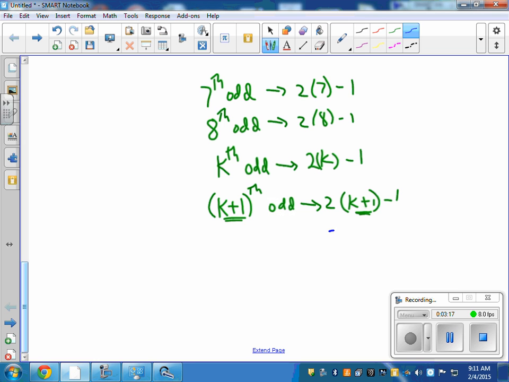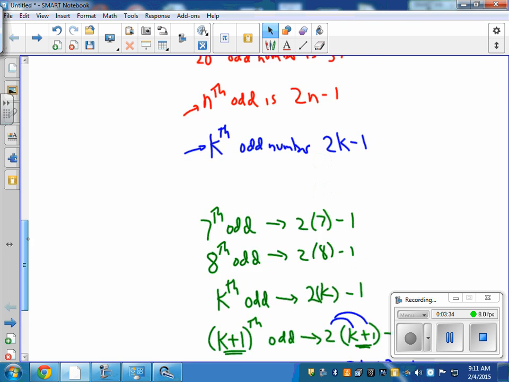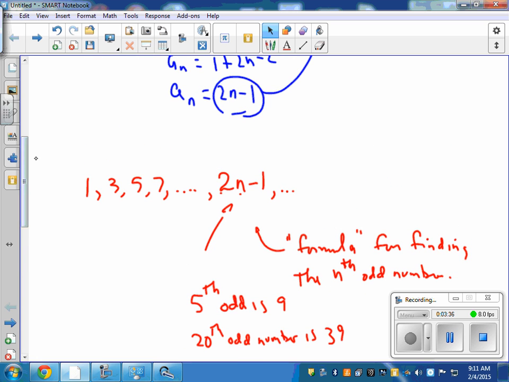Okay, and of course that can clean up a little bit. That's 2k plus 2, minus 1, or 2k plus 1. Okay, and that looks a little strange with the k's, but you'll see where we go with that down the road.